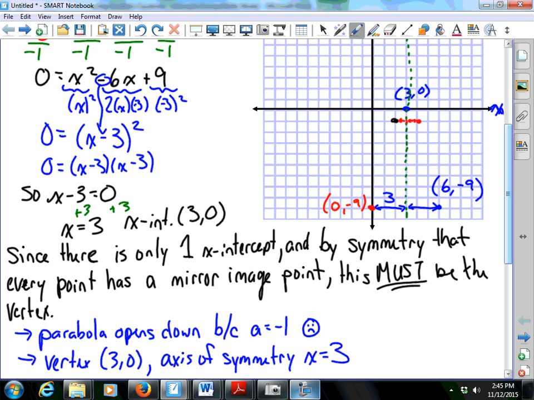And now you can draw your parabola. Something like this. It's not very accurate because I probably should have picked a value like 2 away from the mirror. And that's perfectly valid. I just chose to let x equal 0 because I know somebody's going to say, why don't you just let x equal 0? It's only 3 away from the mirror. That's no big deal. 6, negative 9.